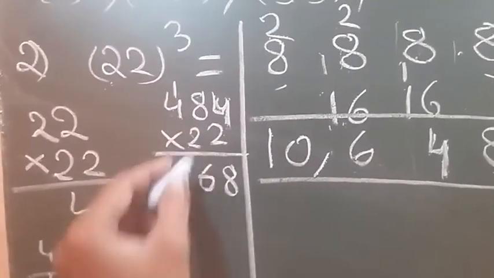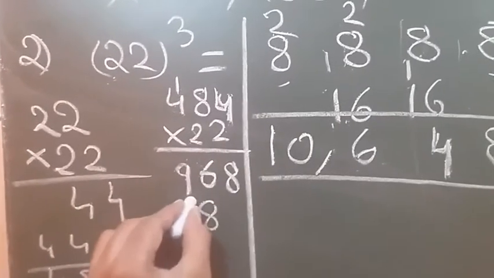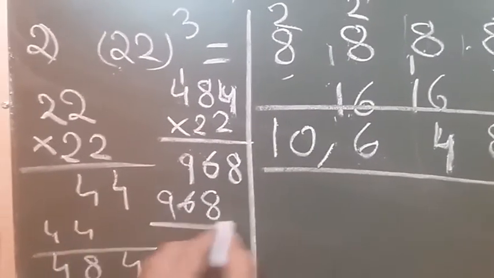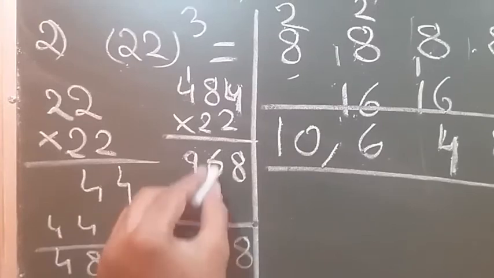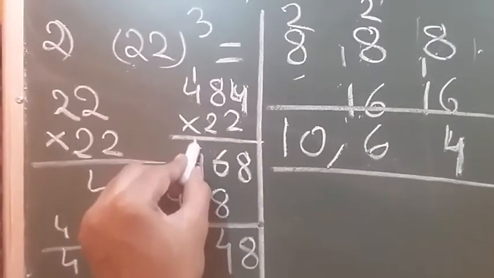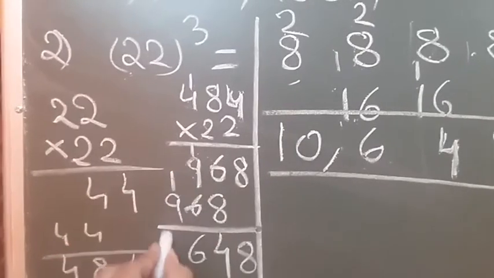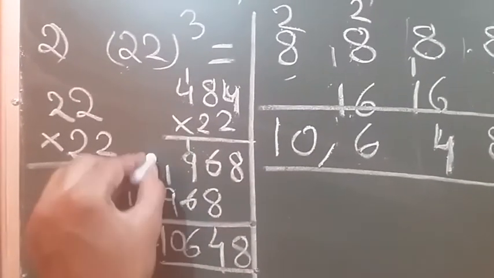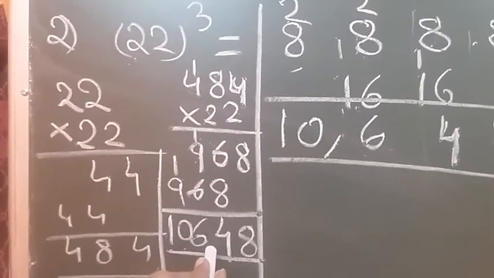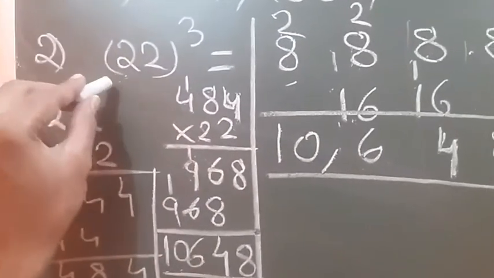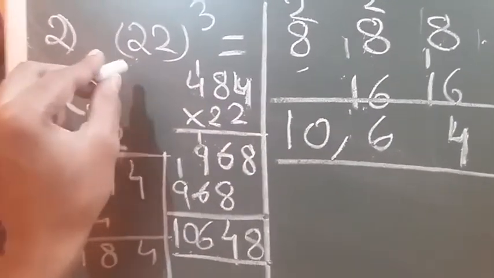Now again with 2. So keep 968. 8 plus 6, 14. 9 plus 1, 10. 10 plus 6, 16. 9 plus 1, 10. 10,648 is the cube of the number 22.